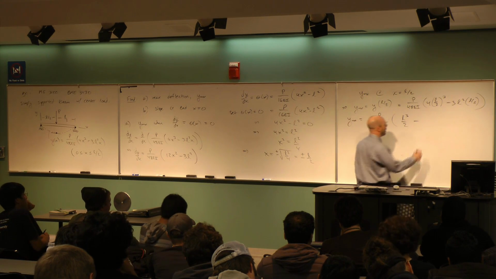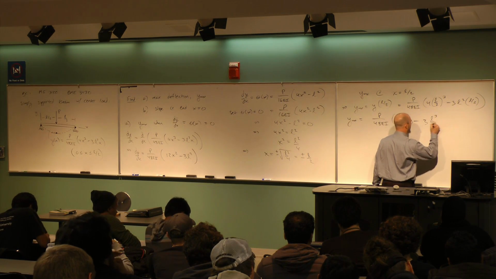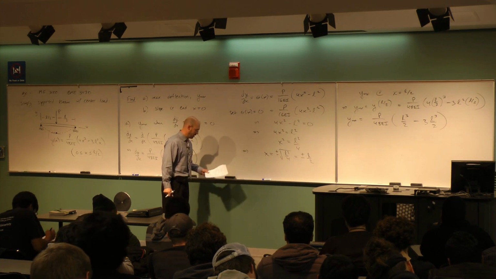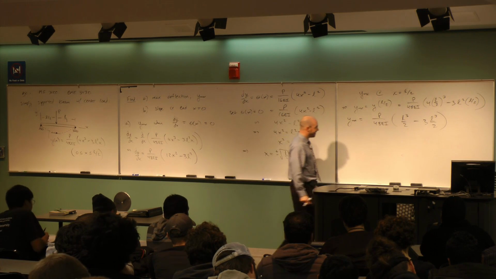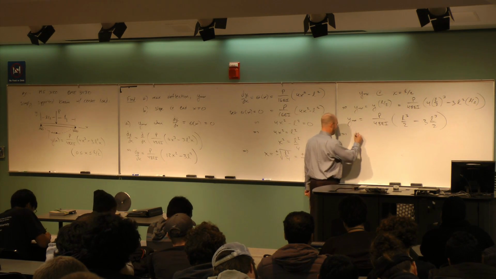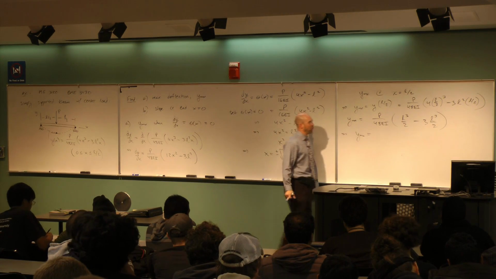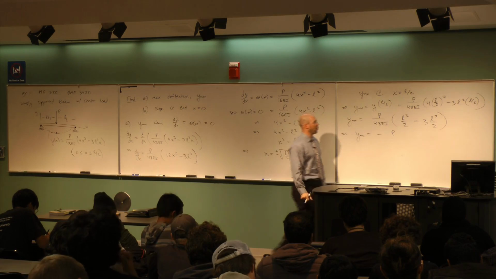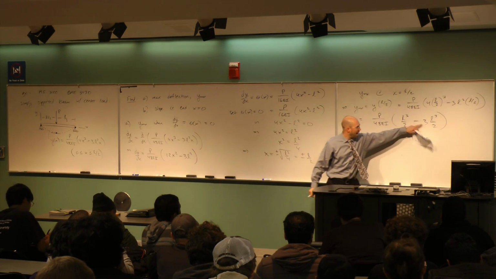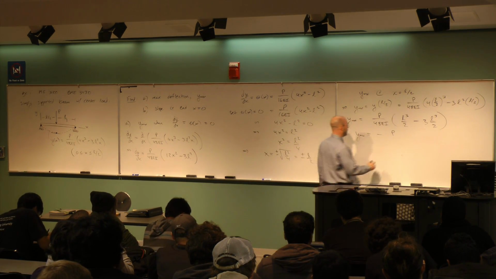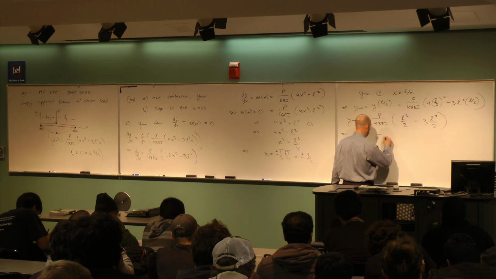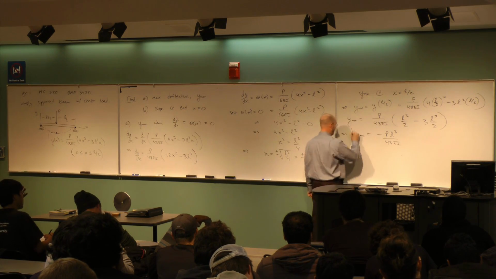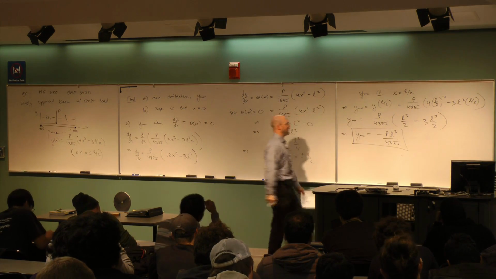I'm going to get what? 3L cubed over 2. So I got L cubed over 2 minus 3L cubed over 2, which gives me negative L cubed. So I'll get minus P L cubed over 48 EI. Okay, and that is the answer for the maximum deflection.